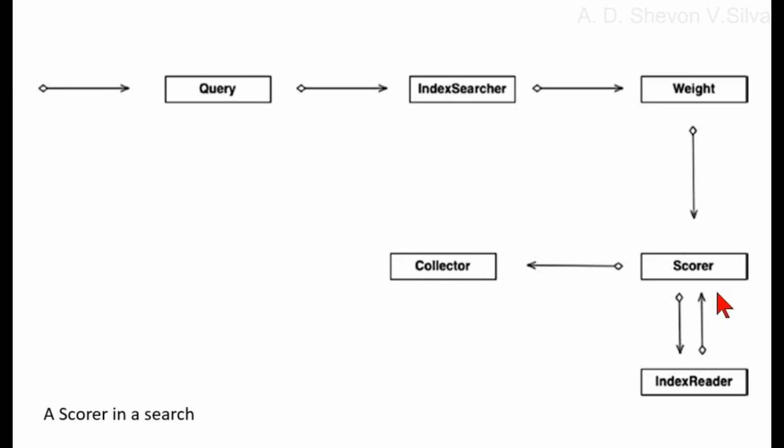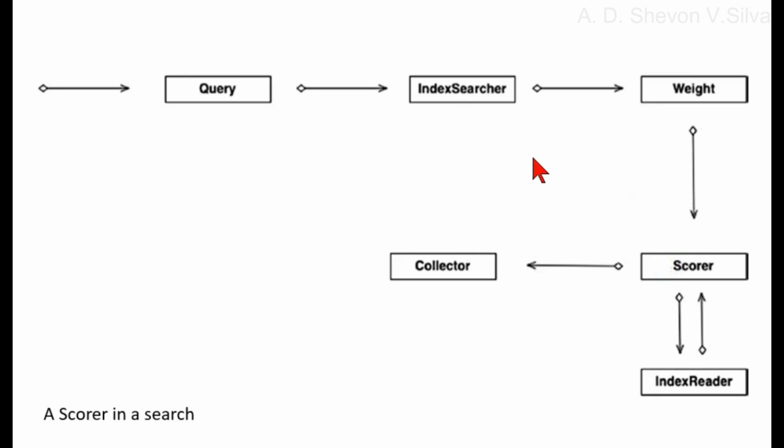The score method gets the current document ID and gets the current document and returns the score for the same. The index reader has statistics about the current document that can be fully utilized by the scorer to determine the score.